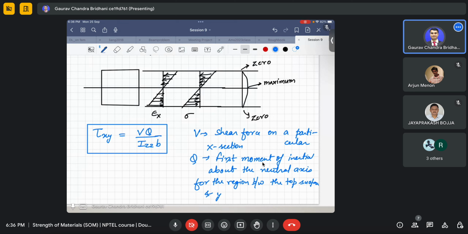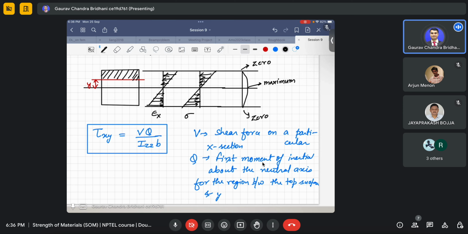That means suppose in this cross section you have been asked to find the shear stress at this level, which is at y from the neutral surface. You have been asked to find the tau xy value at this y. So what Q represents is the first moment of area of this area, which I have shaded, about the neutral axis.